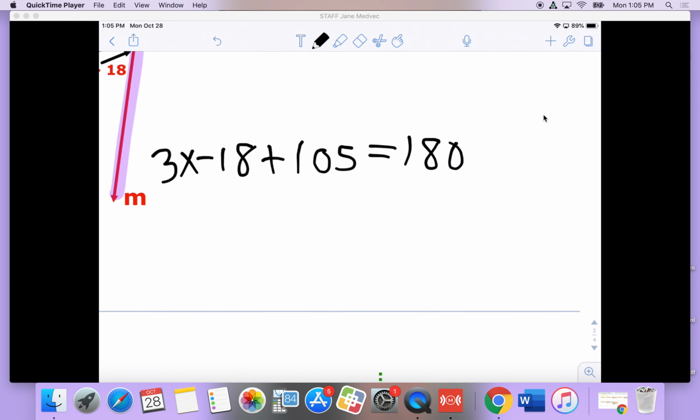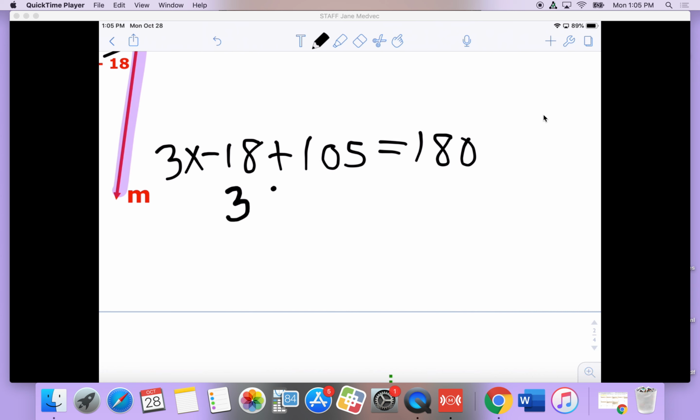So let's go ahead and bring our stuff together. 3x plus what? 105 minus 18 is 87.